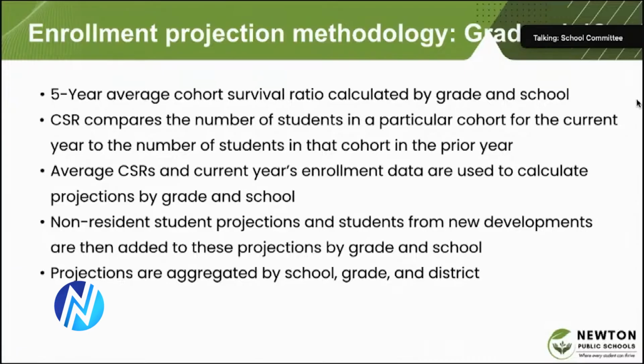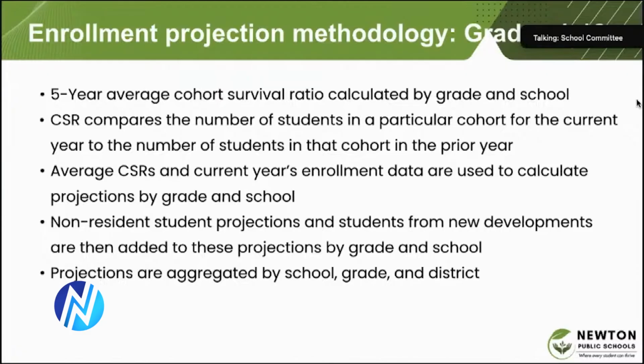A CSR of 1 means that there is stability in that cohort. So you have the same number of students in each year. Doesn't mean it's the same students, actual kids, like kids can come and go, but that the total number stays stable. A CSR over 1 means that there has been growth in that cohort, and a CSR under 1 means that we have lost students in that cohort and school and grade.